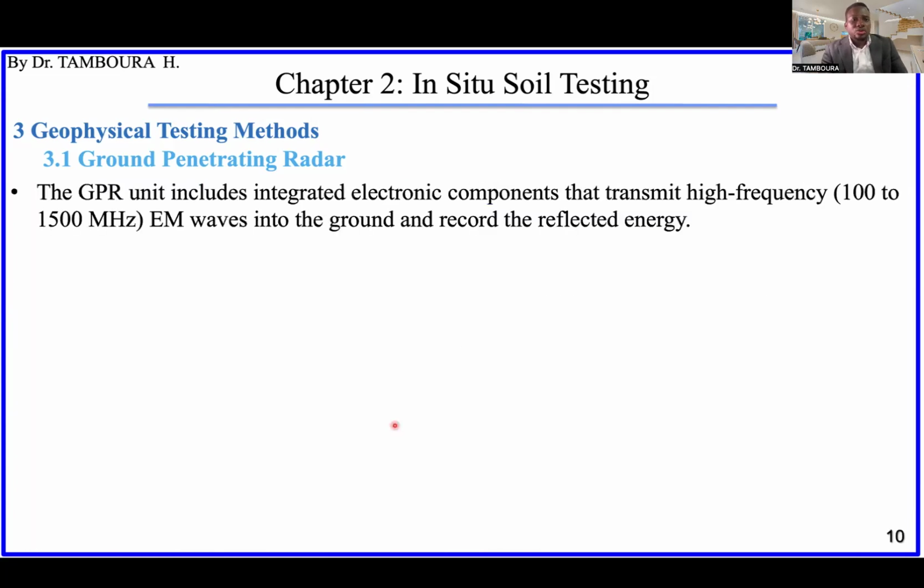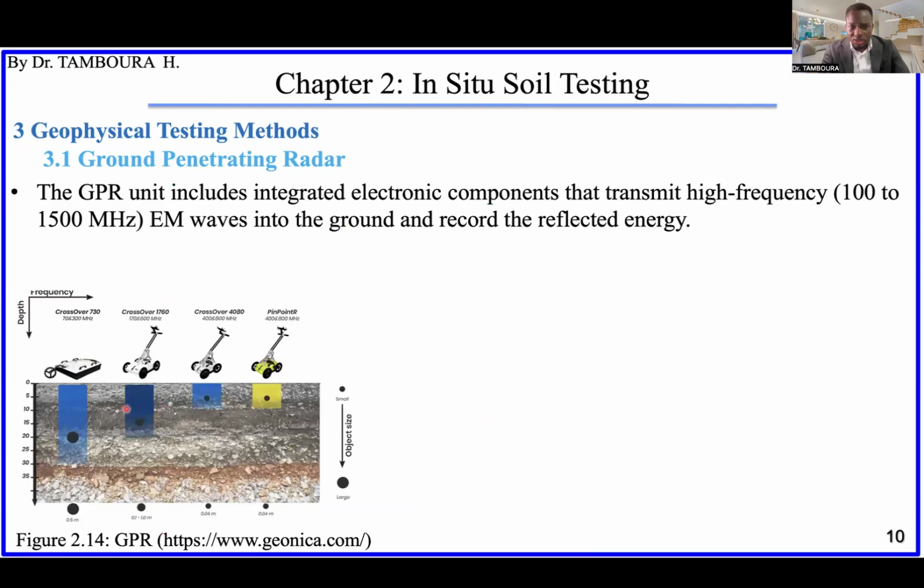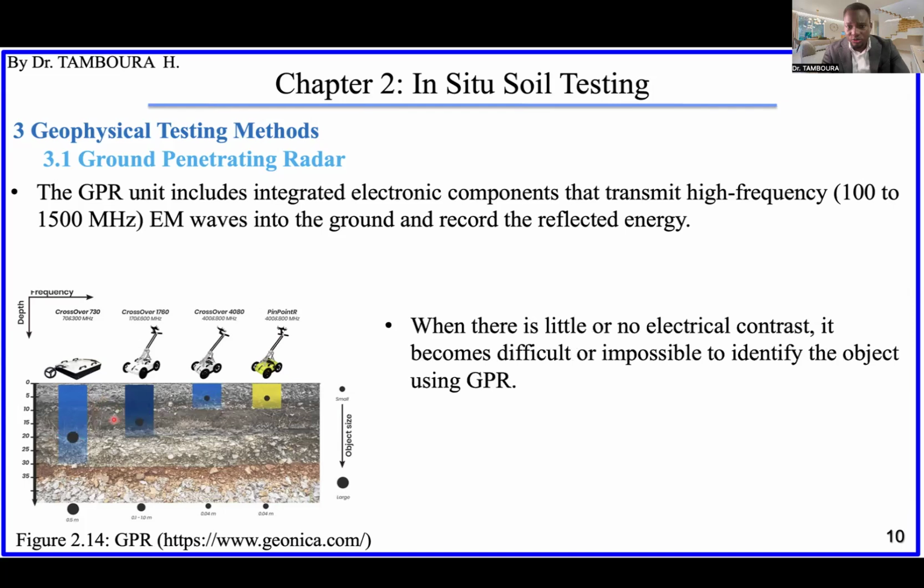The GPR unit includes integrated electronic components that transmit high-frequency waves into the ground. The frequency can range from 100 to 1000 and 1500, something like that. As I explained before, you can choose the one that is convenient for you.